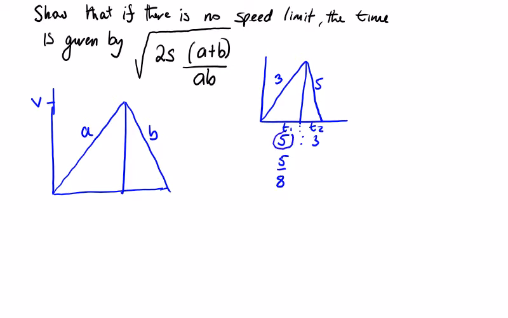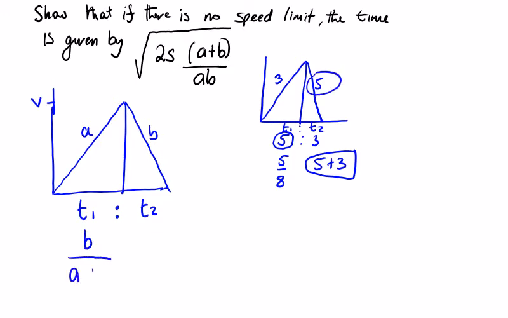It comes from this number over 5 plus 3, the two numbers added together. So the ratio in this case, t1 to t2, is going to be b, where it was a 5 here, over the two numbers added together, is a plus b, to a over a plus b.